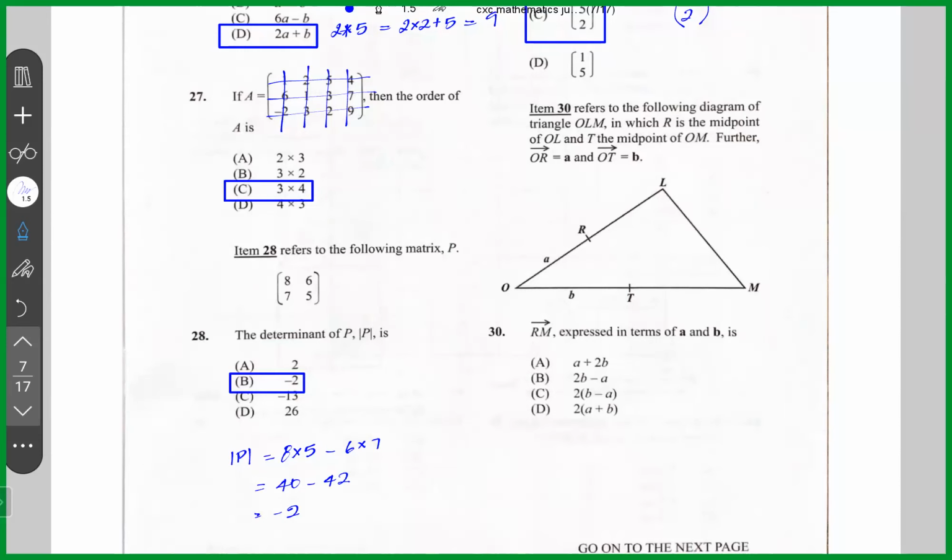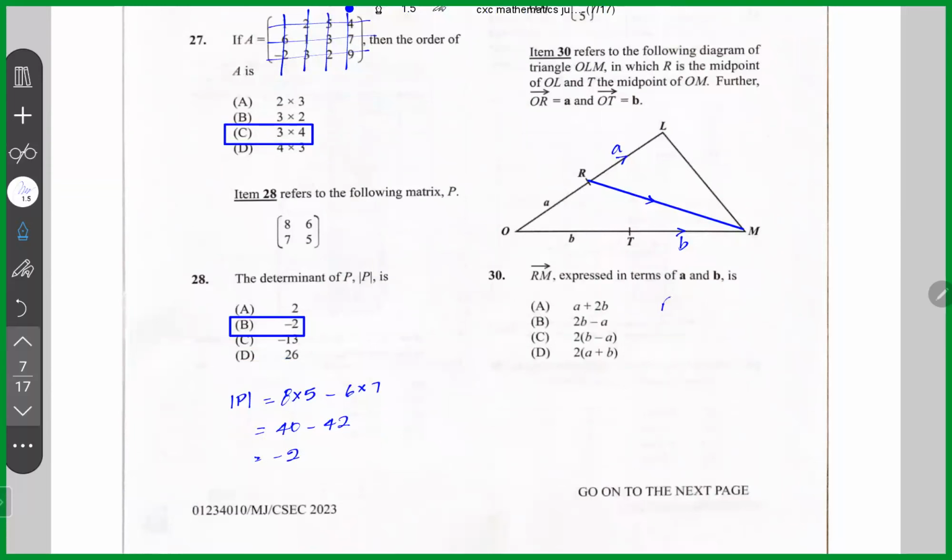Further, the vector OR is A, the vector OT is B. Since R is in the middle and ORL is a straight line, that means the vector RL is also A. And similarly, the vector TM is also B. Express RM, we need the vector RM in terms of A and B.